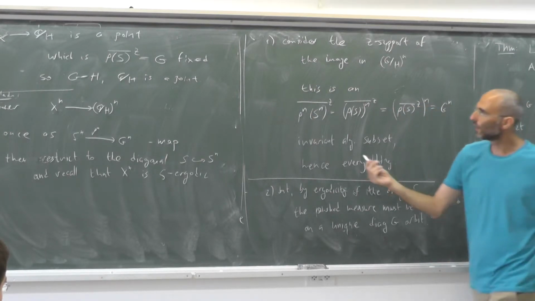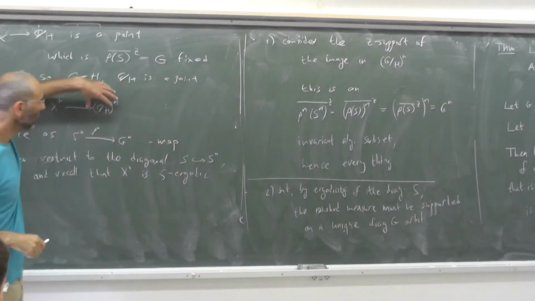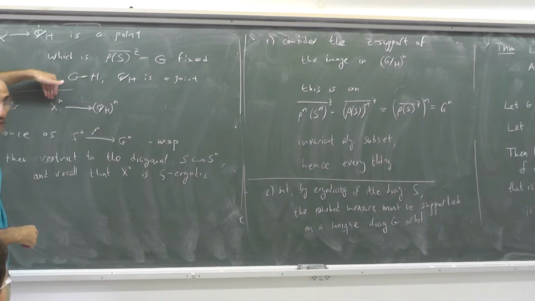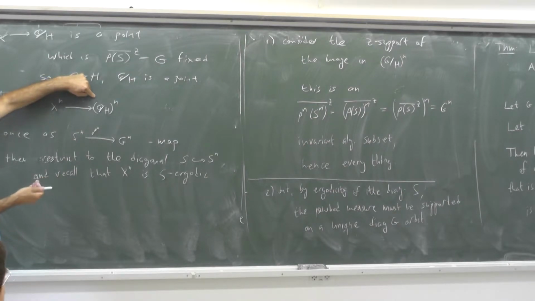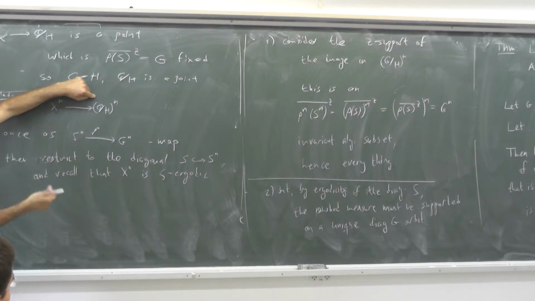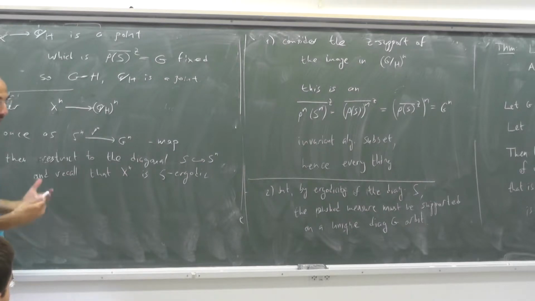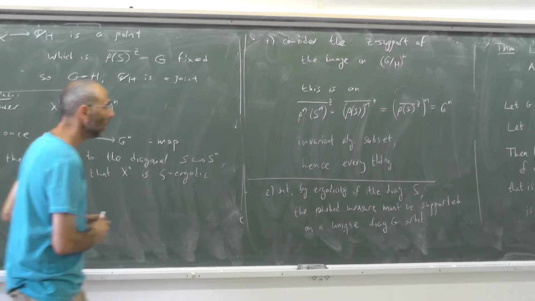Consider this variety as a G variety. Whenever I have a map from an ergodic S space and I'm pushing it to a variety, an algebraic representation, and this is yet another lemma that we've seen, the image must be supported on a unique G orbit. This unique G orbit somehow is the image of the initial object associated to the representation of X to the n. I don't care about it.